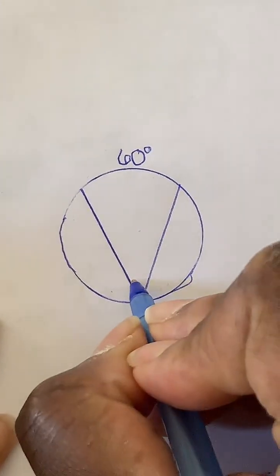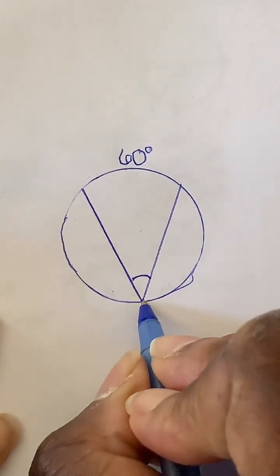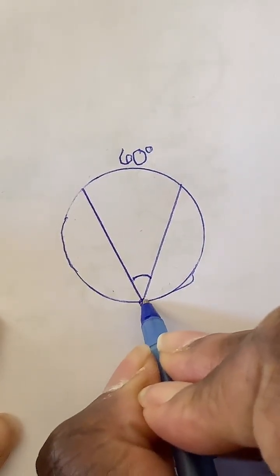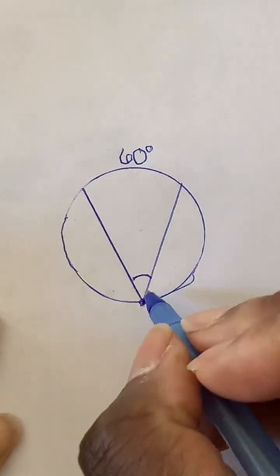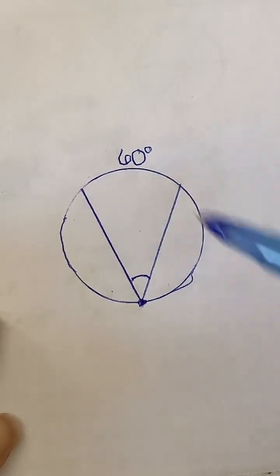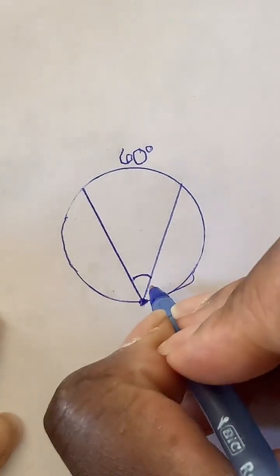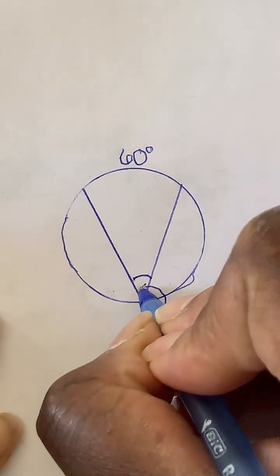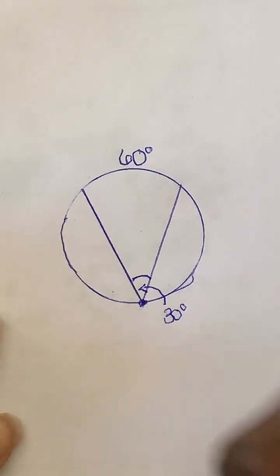This angle is not also going to be 60 degrees because my vertex is on the circle. That's why we always say it's 1/2 the measure of the arc. So the degrees of this tiny little angle right here is actually going to be 30 degrees.